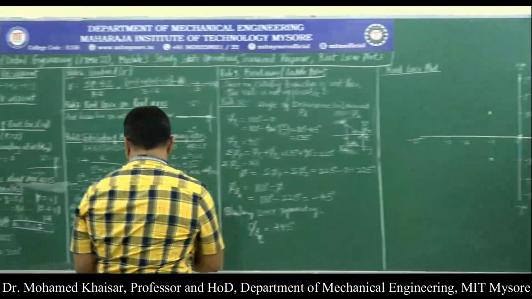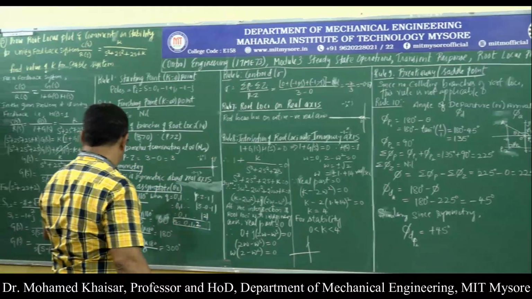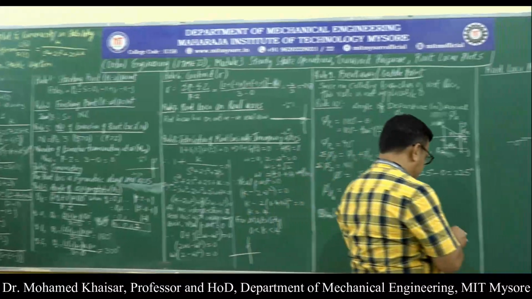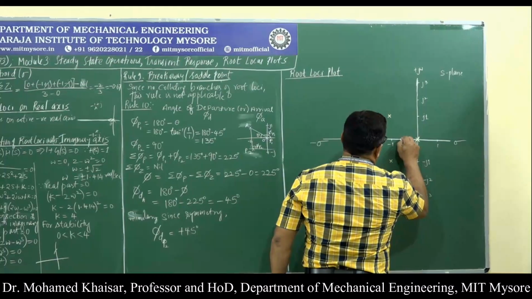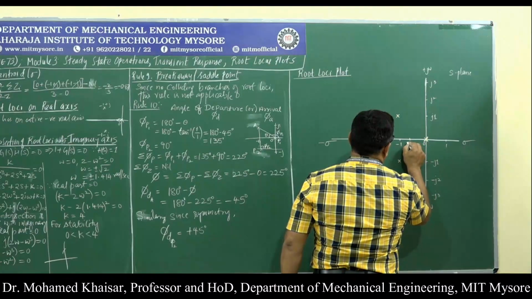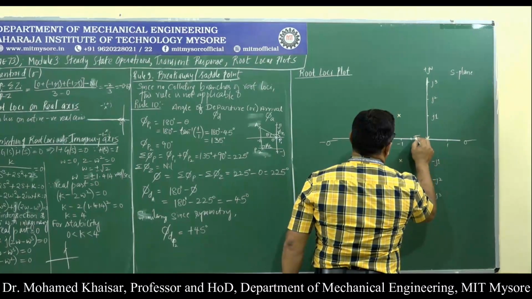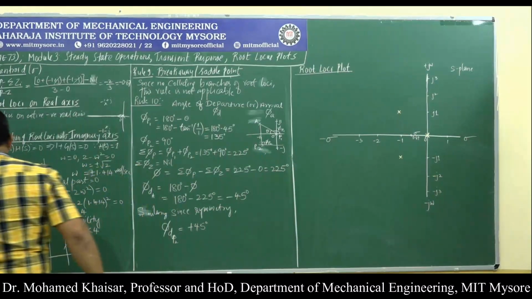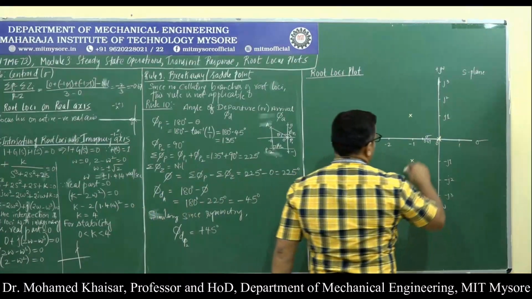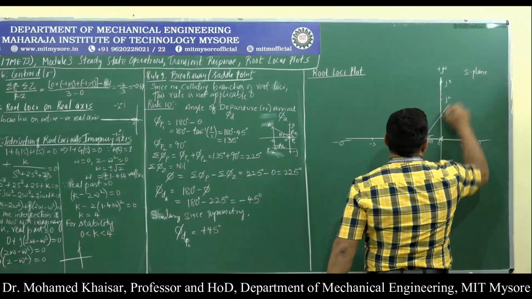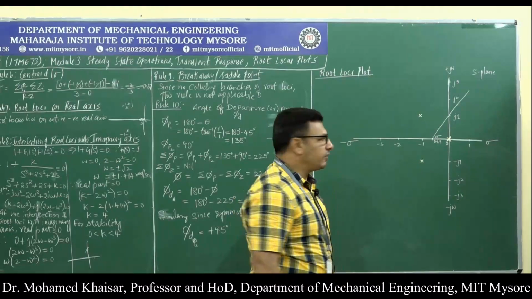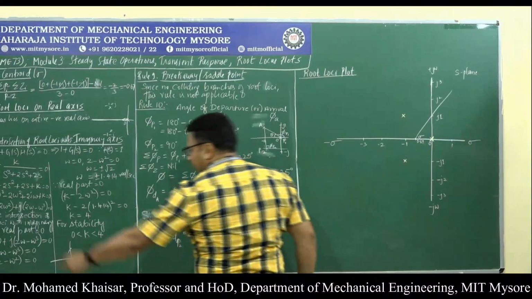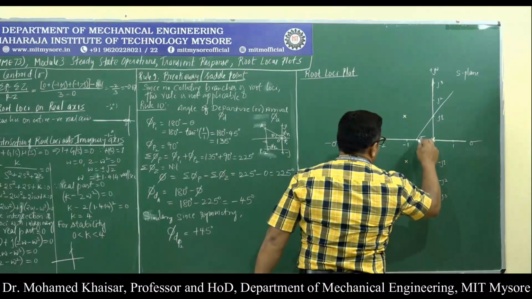And then what we can see here is that the asymptotic straight lines are from the centroid at 0.67. One asymptotic straight line is at 60 degrees. The other is at 180 degrees. Along 180 degrees it is already there. So along 300 degrees there is one more asymptotic straight line.